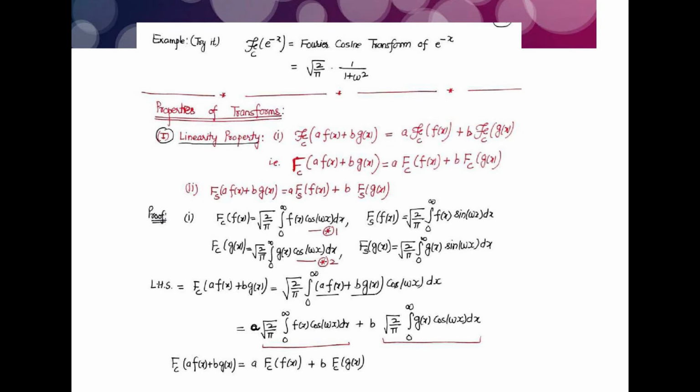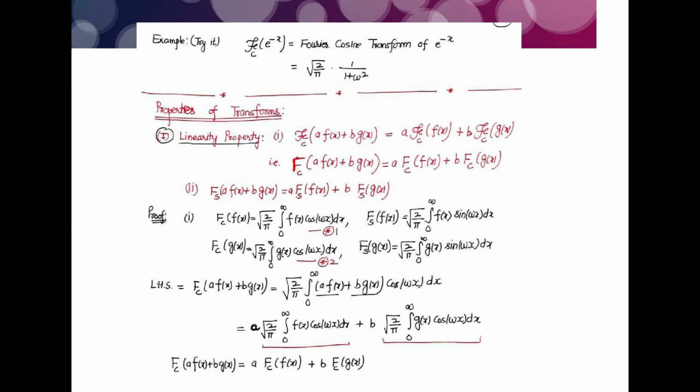Then the Fourier cosine transform of a times f of x plus b times g of x is equal to a times the Fourier cosine transform of f plus b times the Fourier cosine transform of g. And we have the same property for the Fourier sine transform.